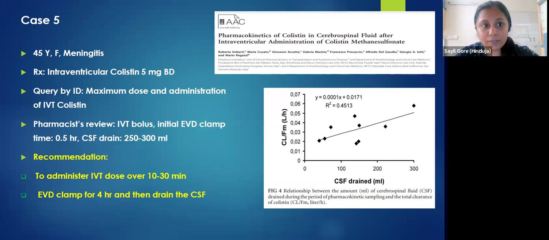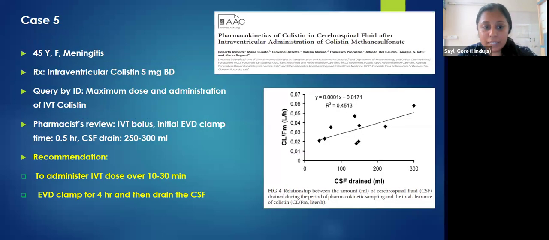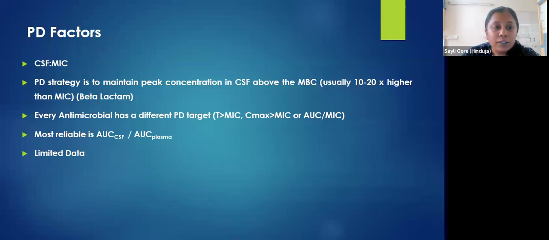The patient was cured at the end of the therapy. We gave this intraventricular therapy for at least 4 to 5 days, but she also had IV therapy ongoing for additional benefit.